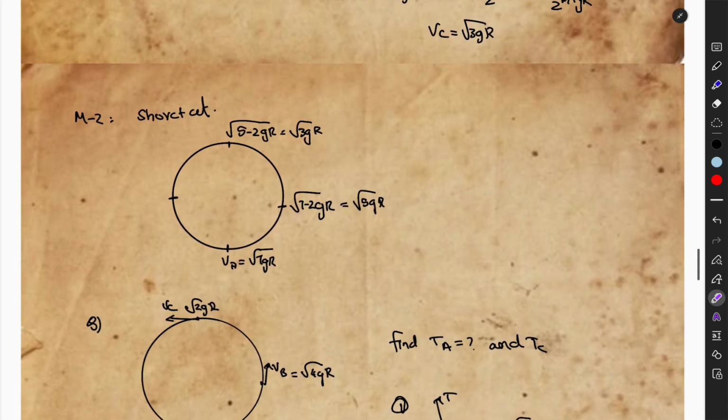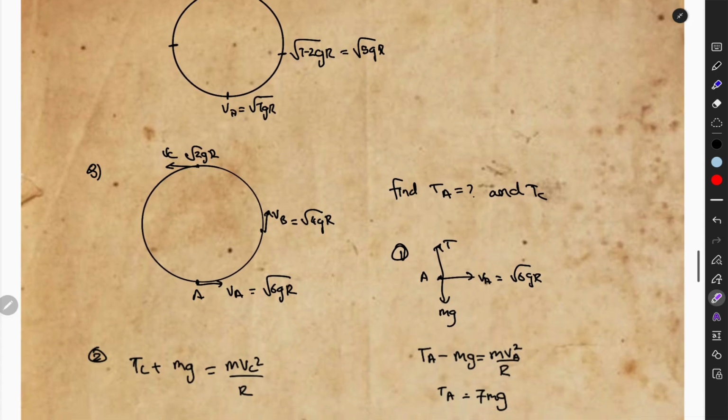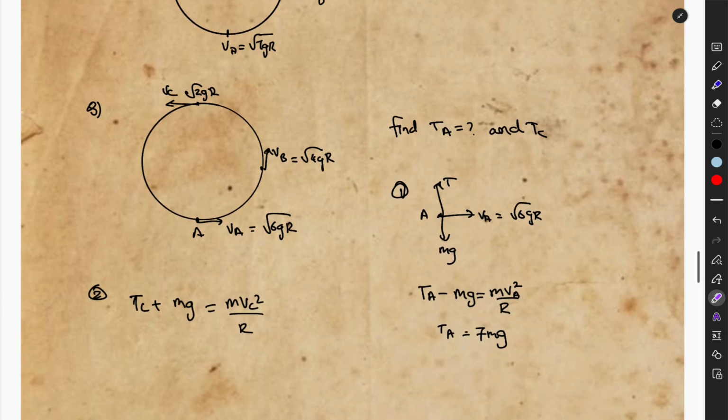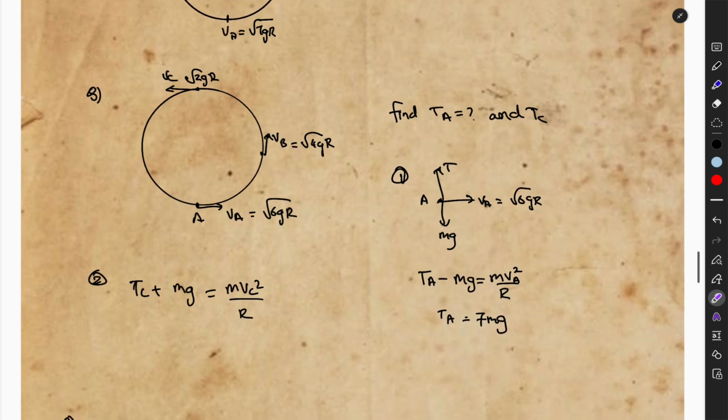But another shortcut way is you just need to subtract 2 from that. So 7 minus 2, you get 5gr. When it reaches here, you get root 5gr, and minus 2 from this, which is root 3gr. I hope you understand this simple shortcut. This will be used in a lot of things, to make the question simpler.